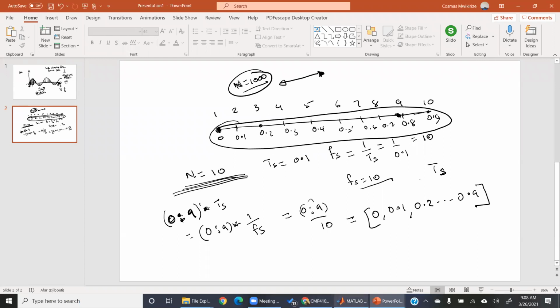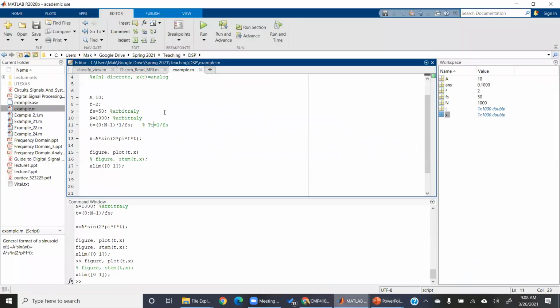So if we go here, we have 1,000 points, and if we go to the time scale, we'll have 1,000 points that run from 0 up to 999. But to convert to the time scale, let me just show you.